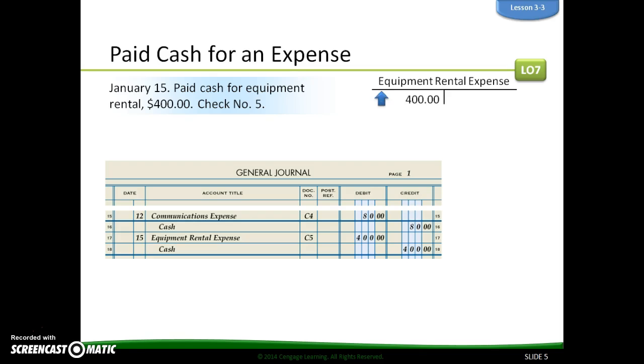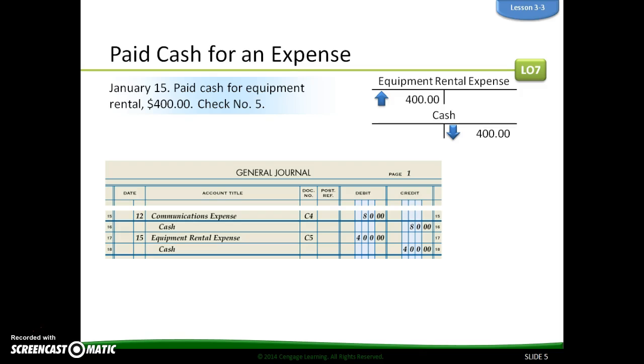All right, so the two accounts that are impacted are equipment rental expense, where we are increasing the amount of the expense, and cash, where we are decreasing the amount of our cash.